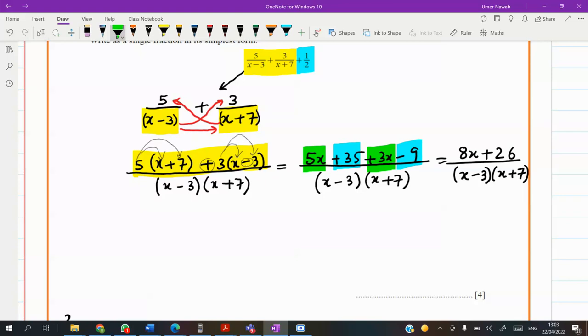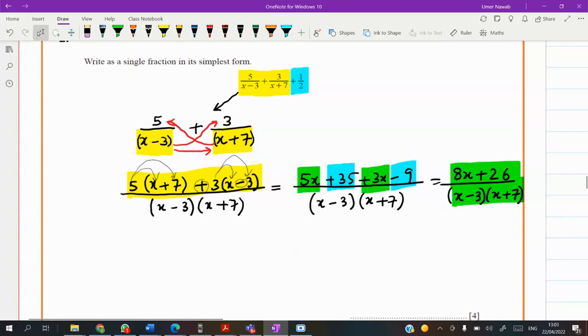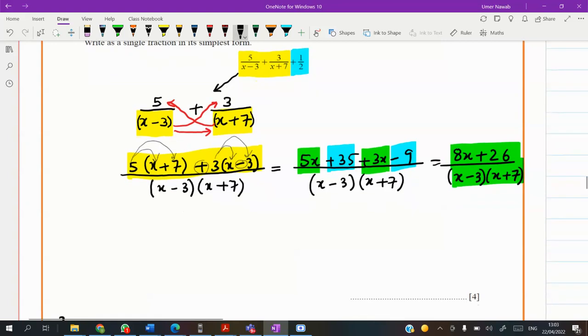After finding this single fraction by simplifying the first two fractions, which are highlighted in yellow, now I need to take this green, the final single fraction, to be further simplified with 1 over 2.